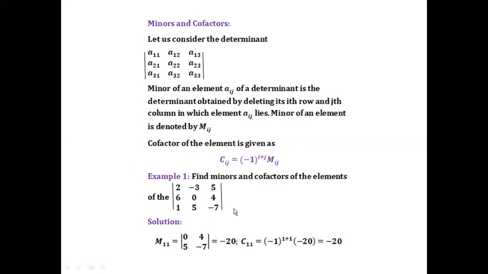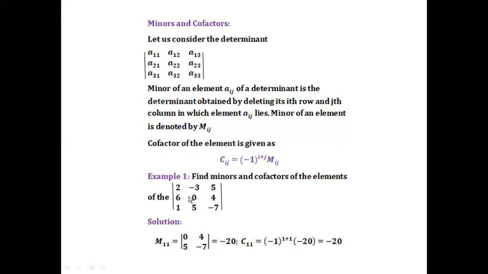Now, example: find the minors and cofactors of the elements of the given determinant. Solution. The minor of the first element 2 is M11. This 2 is present in the first row and first column, so taking the determinant of the remaining block, we have 0, 4, 5, minus 7. We have the formula for a 2 by 2 determinant, AD minus BC. By using that formula, the value of M11 is minus 20, since 0 times minus 7 is 0, the formula has a minus sign, and 4 into 5 is 20.